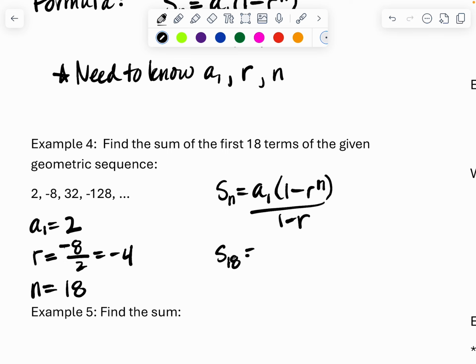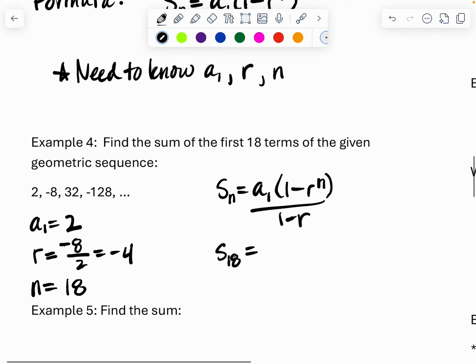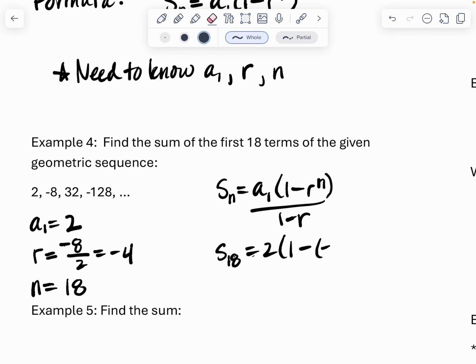And I'm going to plug in my numbers. So I want the first 18 terms. My first term is 2. I don't have to put that in parentheses. It's just 2. And then 1 minus. I am going to put my ratio in parentheses because it is negative, and I want to be really careful with that negative, okay?